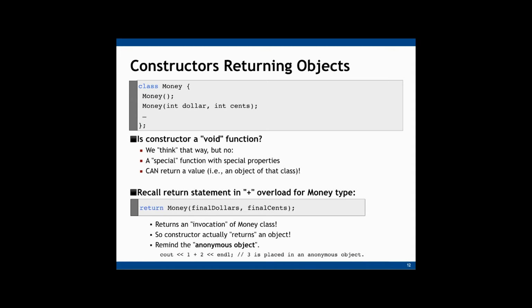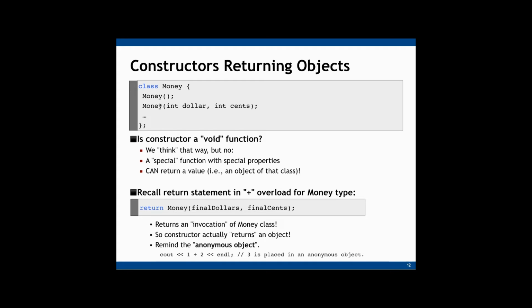Before going further, let's briefly talk about the return type of the constructor. We learned that we do not specify the return type when we are declaring and defining the constructor. If you look at this example, these two are constructors because their names are the same as the class name. And we are not specifying return types here because they are constructors.